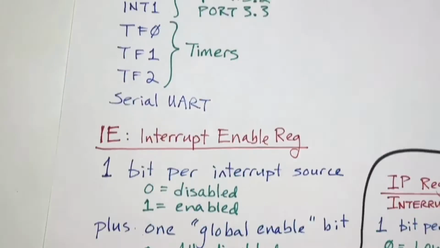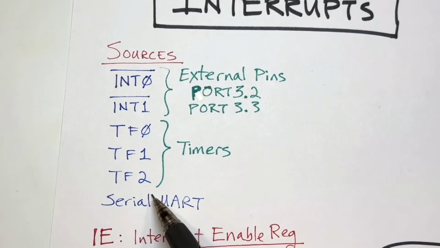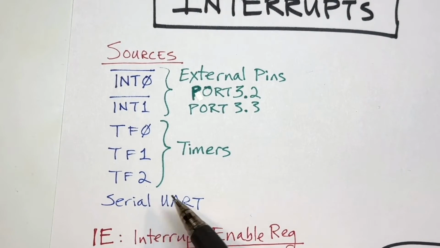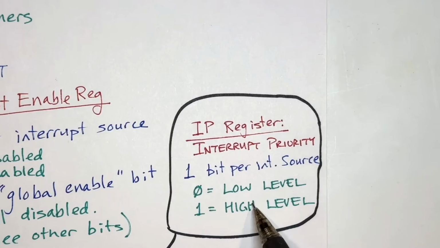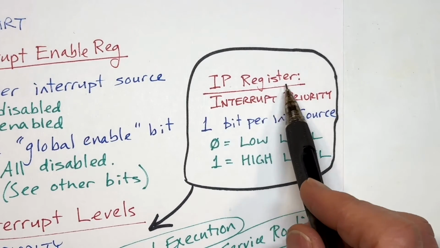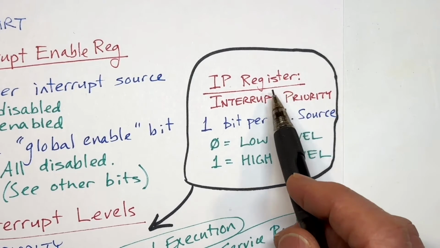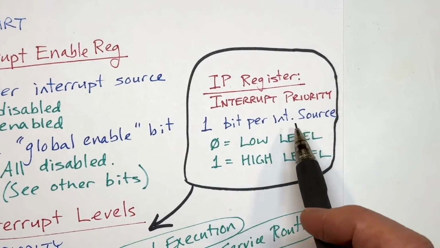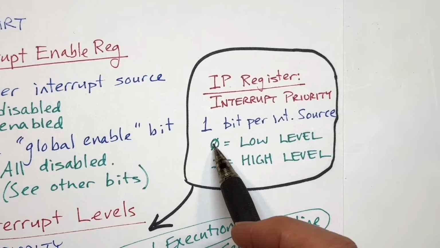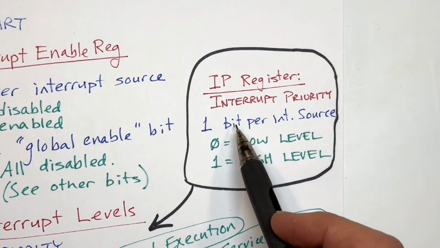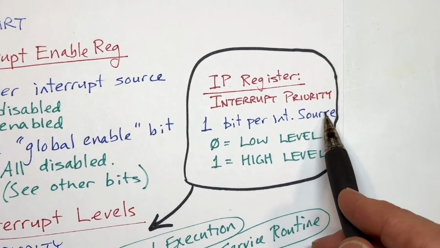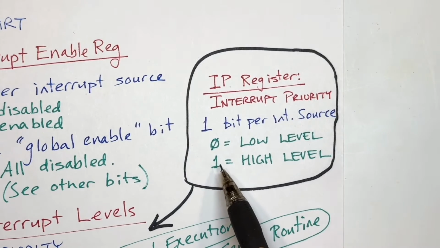Again, every interrupt source is either low priority or high priority, and that would be set up initially in your code when you write to the IP, or interrupt priority register. If you want that particular source to be low level, the bit would be 0, and if you want a particular interrupt source to be high level, the corresponding bit should be set to 1.